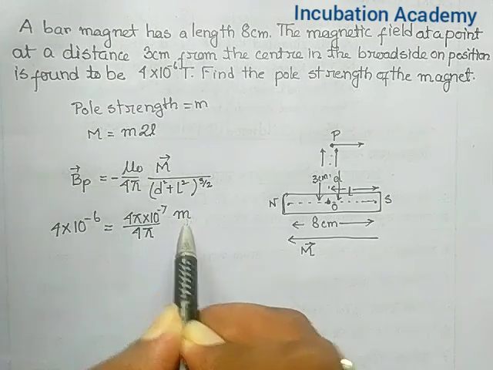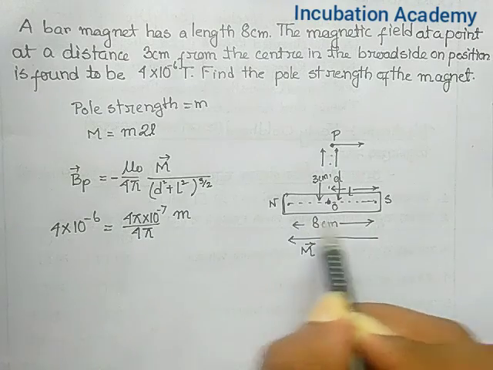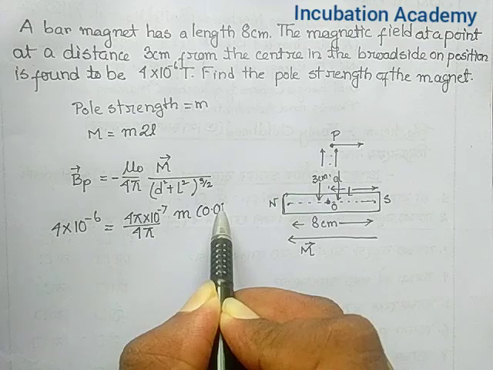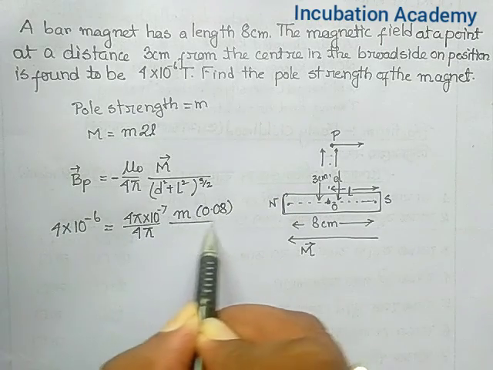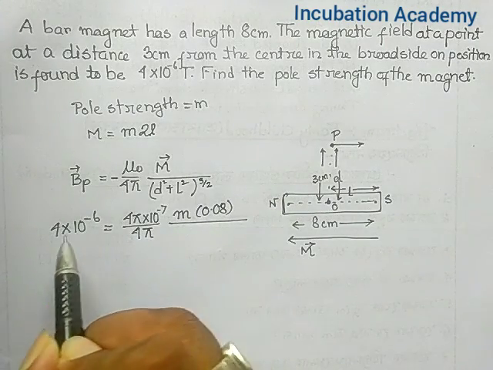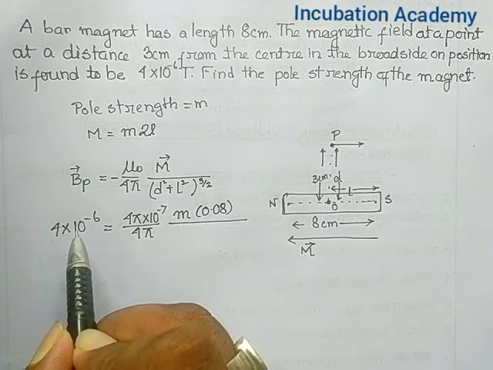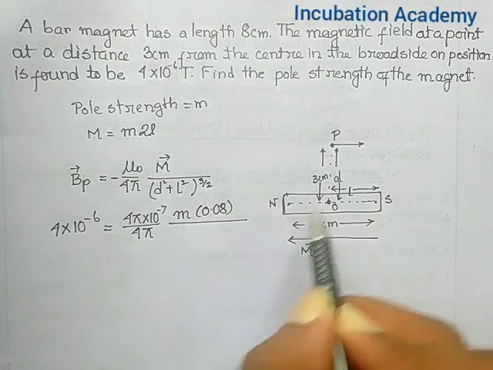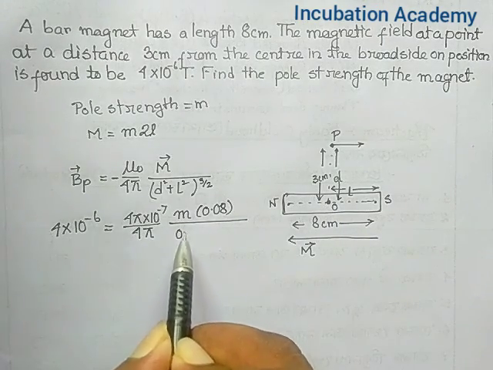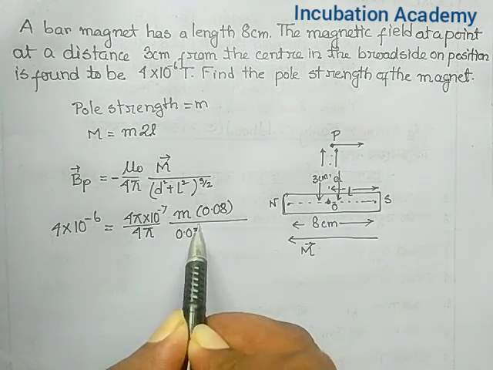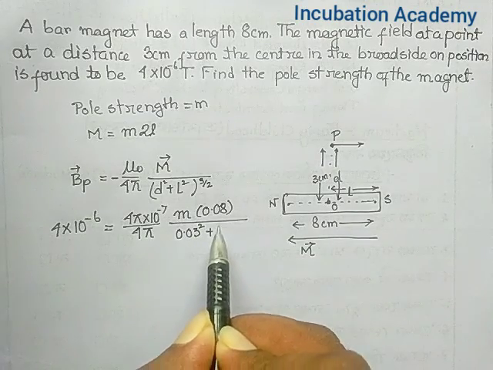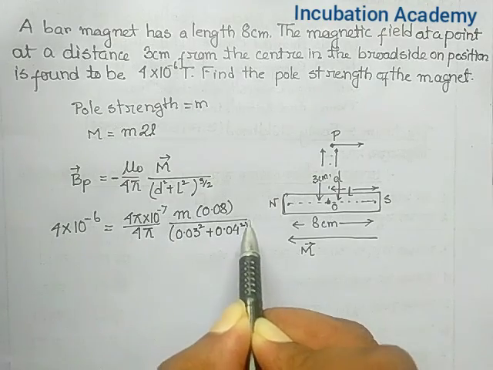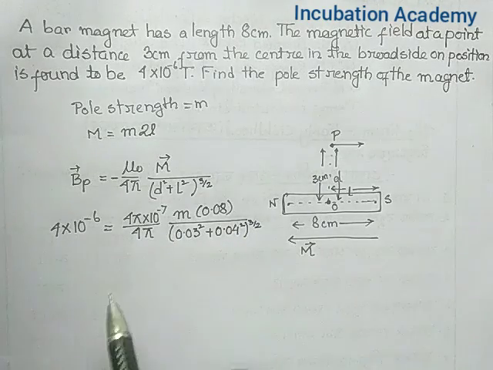Small m we don't know, we have to find it out. 2l is actually 8 centimeters, so I write it as 0.08, because 4 into 10 to the power minus 6 is given in Tesla. The value of d is 3, so we can say it is 0.03 square plus 0.04 square to the power 3 by 2.